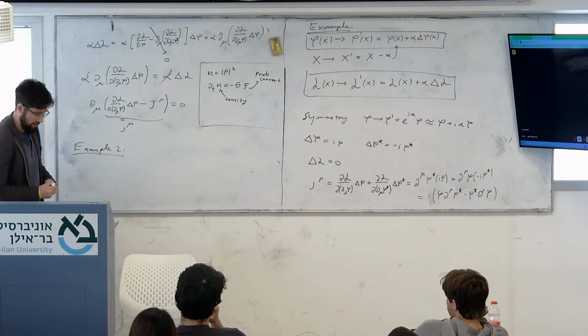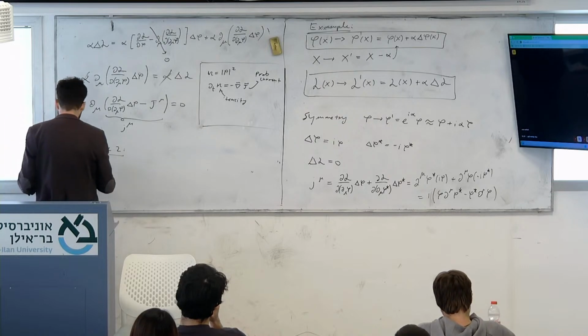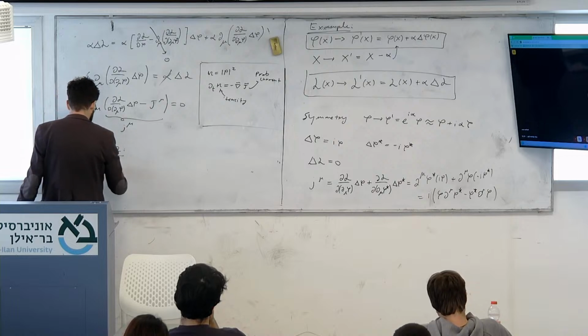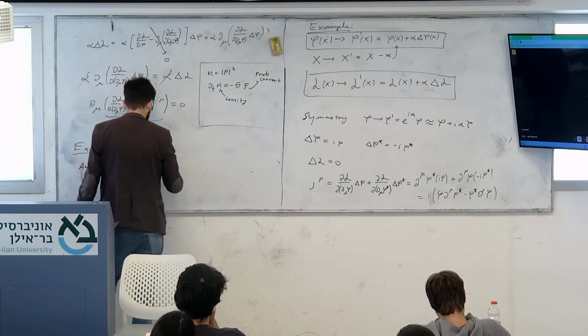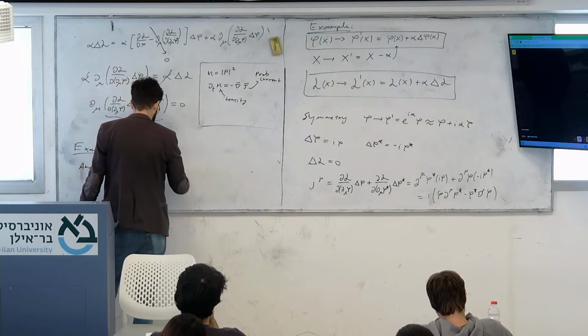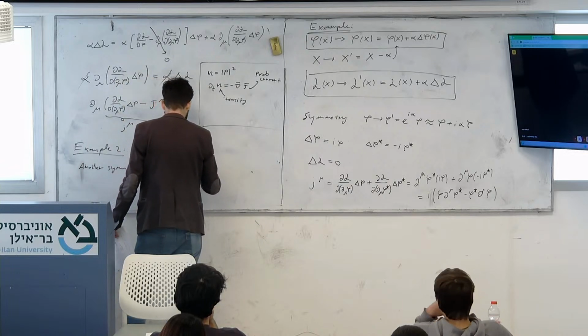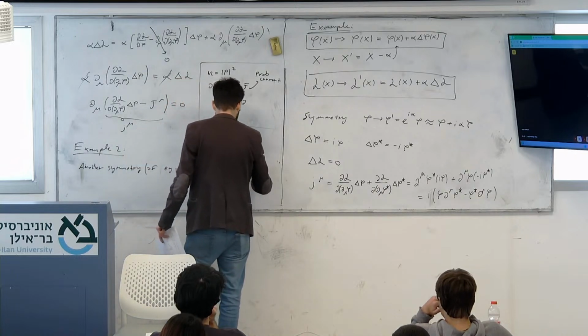Okay, now let's do a second example. The second example is we also have another symmetry, for example, of Klein-Gordon, is translation.